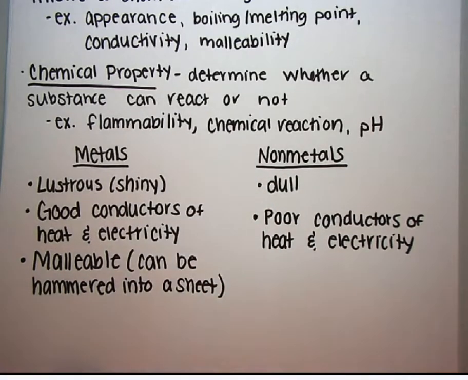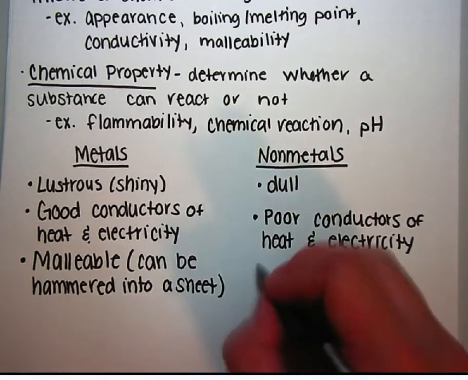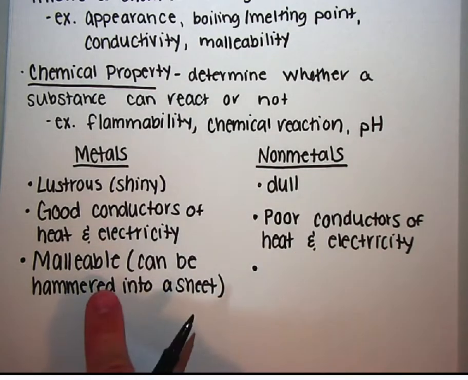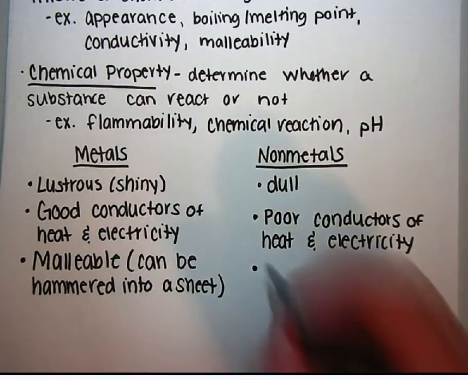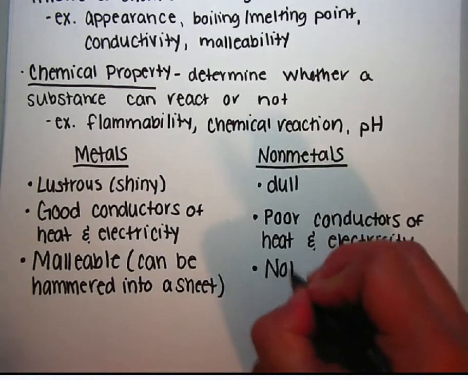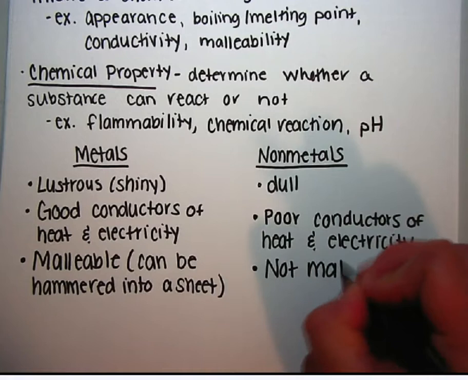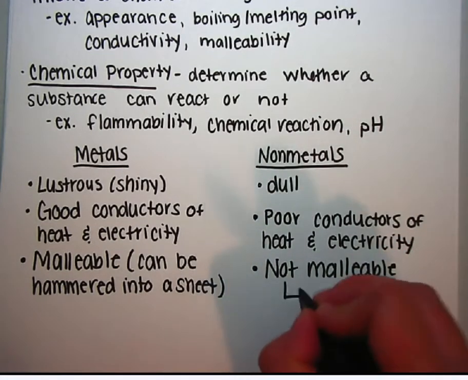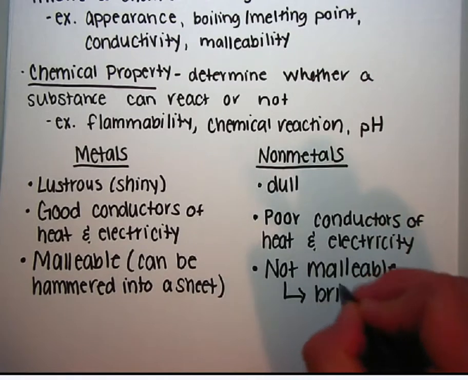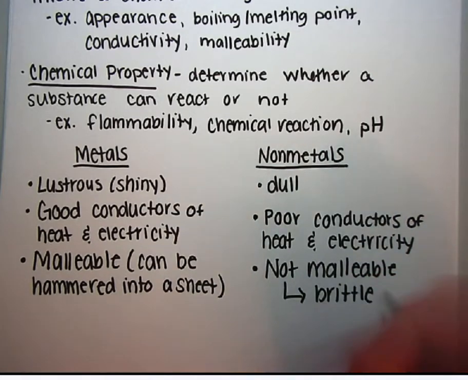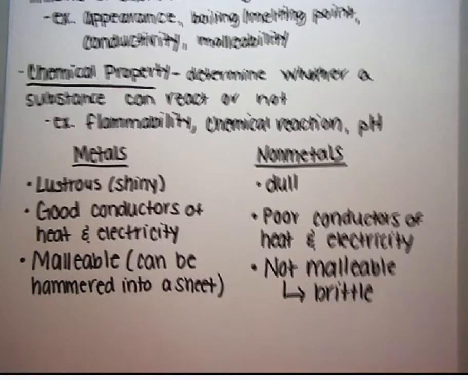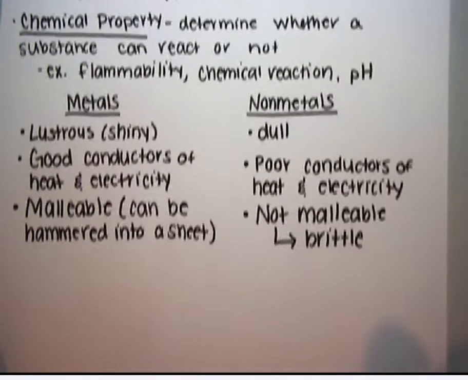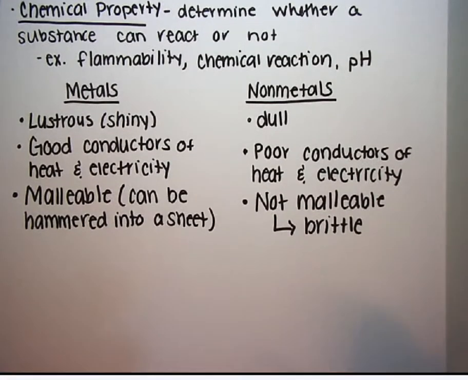We can form them into different shapes. If metals are malleable, nonmetals are not malleable. We would describe the nonmetals as brittle. If you were to take a hammer to a nonmetal, it is going to be brittle. It is going to break into a bunch of little pieces.